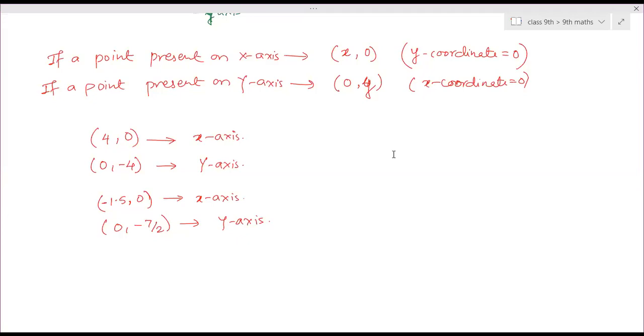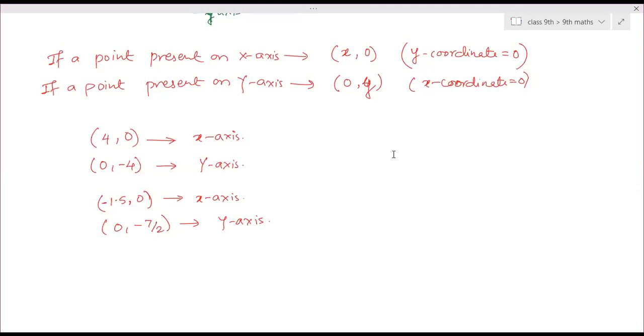Ma'am, whenever we mark any points on the graph, is it necessary that every time we form any? I'm not getting your voice clearly. Can you come near the mic? Yes, now it is okay. Ma'am, whenever we mark any points on the graph, is it always? No, again it is going feeble. You keep closer to the mic. Initially it is coming and after that it is going feeble. Okay, ma'am, I'll speak loudly.